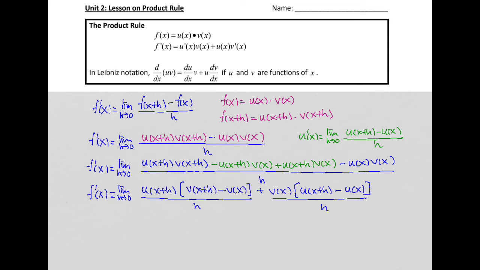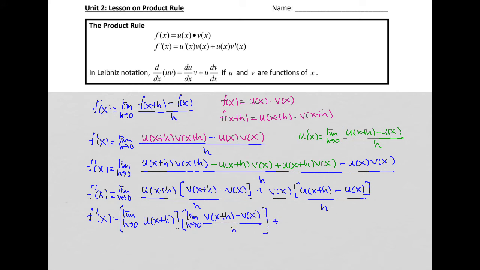Next, let's use the properties of limits to break them into 4 different limits. So limit as h approaches 0 of u(x plus h), multiplied by limit as h approaches 0 of v(x plus h) minus v(x), divided by h.